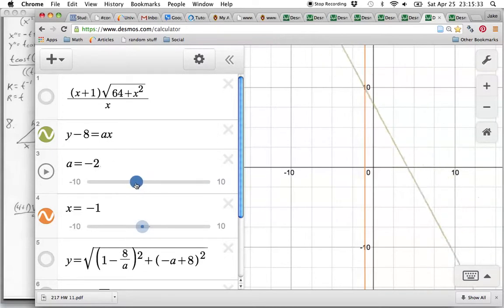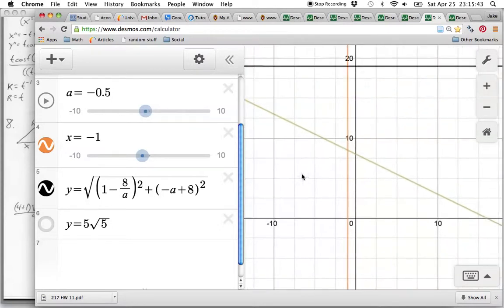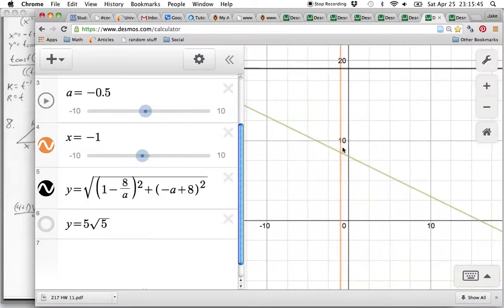And so I want to find where that length is the shortest. Okay, so this length is calculated here. I have this value is this length. It's the length here, that's my y value right there, and then my x value as well.